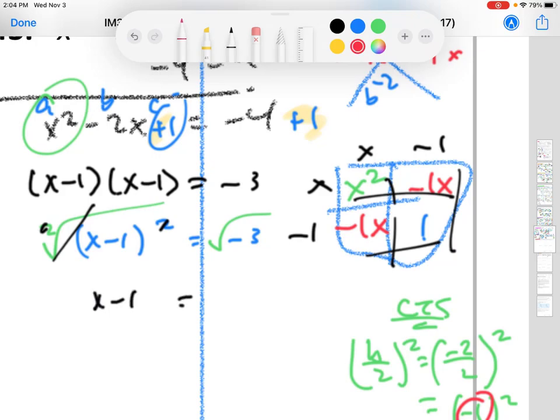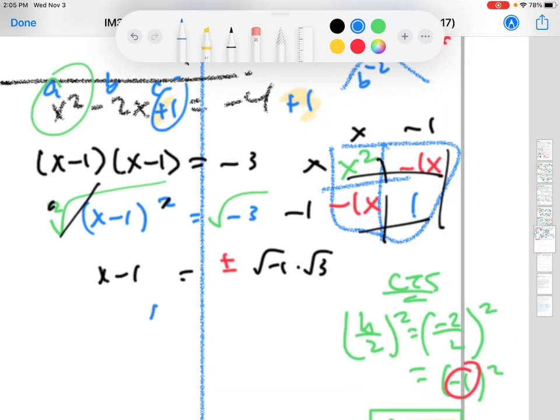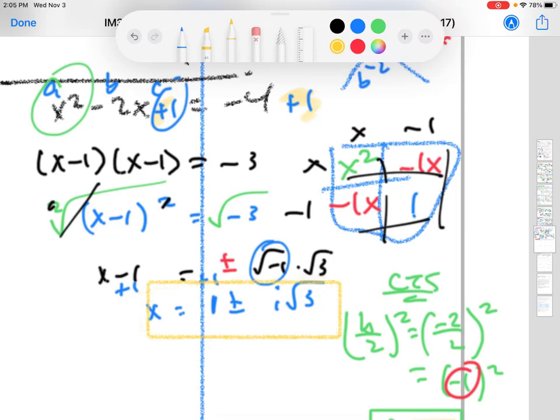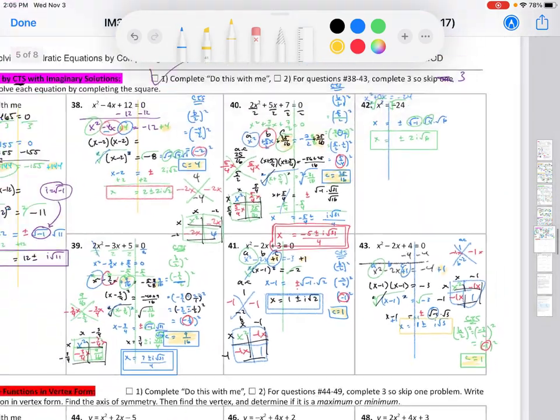Those cancel. You're left with plus or minus negative 1 times radical 3. So that becomes i and radical 3. And when you add 1, that goes right here. Guess I don't need this part. And that's our answer right here. X equals 1 plus or minus i radical 3.